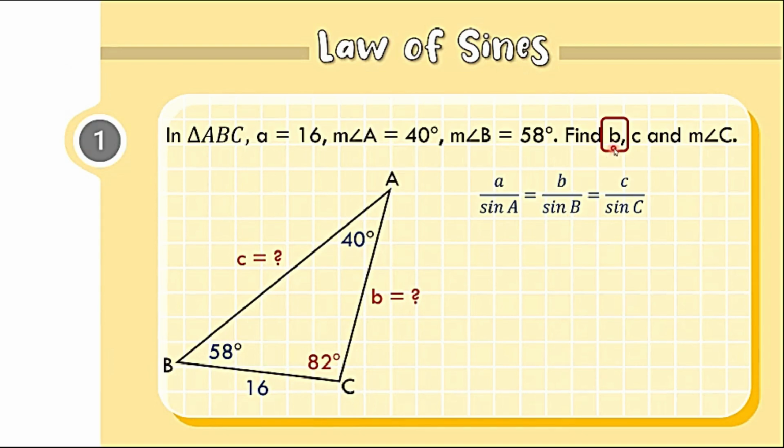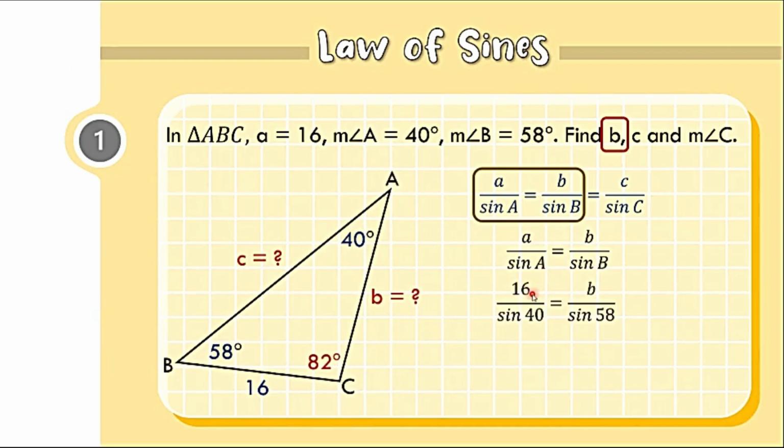Because we are asked to find the length of side B. Therefore, we will be using a over sine A, which is equal to b over sine B. Let us substitute the length of side A, the measure of angle A, and the measure of angle B. Therefore, we will have 16 over sine 40 is equal to b over sine 58.